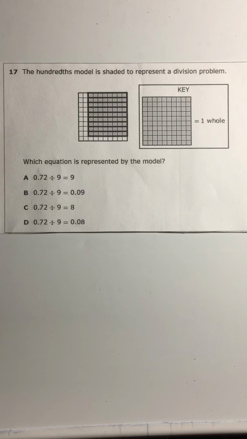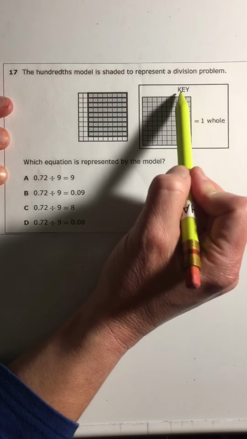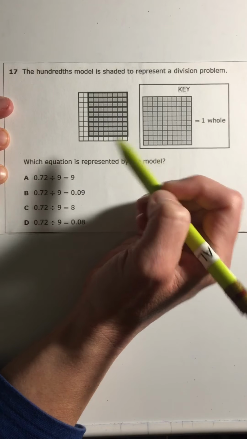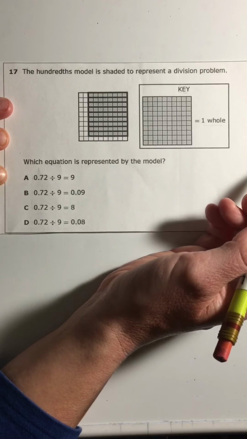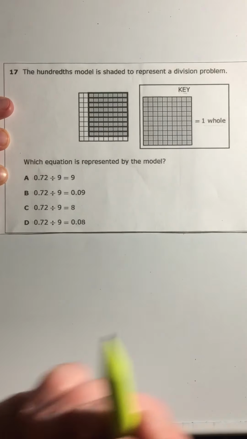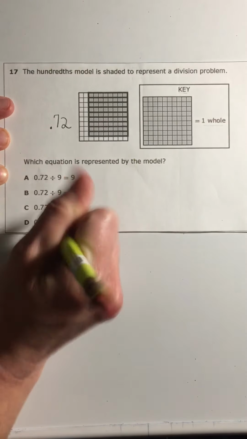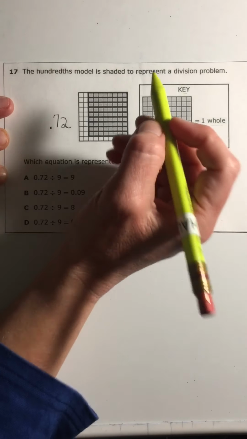But we can see that we have 72 hundredths represented in this model right here. The key tells us that if the entire box was shaded in, that would represent one whole. That is obvious by our answer choices, but if it wasn't, we could actually count them.